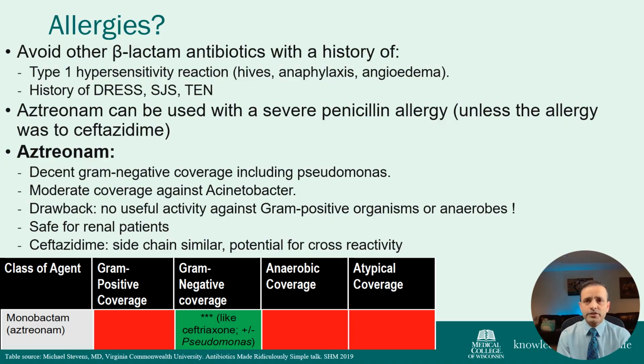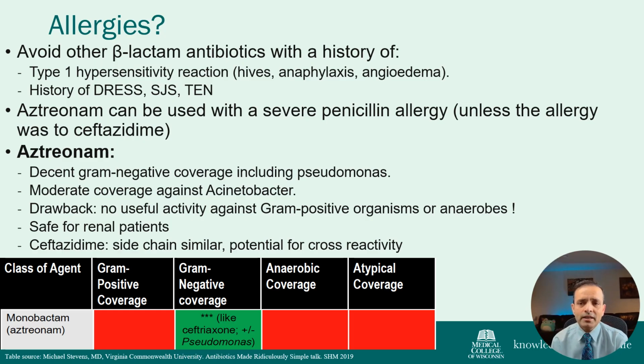So remember, aztreonam can be used in a patient with a severe penicillin allergy, unless that penicillin allergy is towards ceftazidime. Ceftazidime has some resemblance to aztreonam. So for that reason, you cannot use it. If somebody got anaphylaxis to ceftazidime, aztreonam should not be given. Otherwise, it has a good coverage.